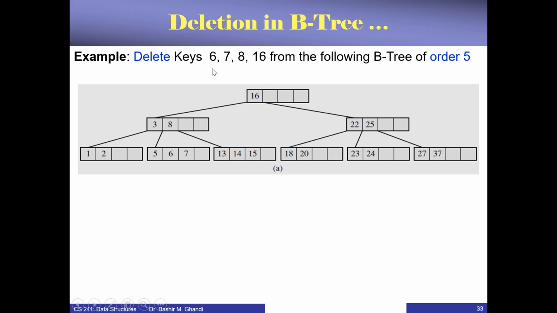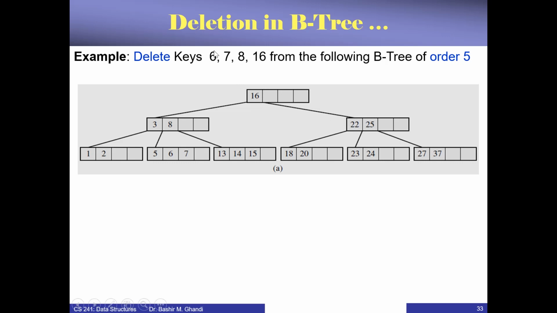We want to delete the keys 6, 7, 8, 16 in this order from this B-tree. What is the process? It will show you all the different cases where there is nothing to do, where we only need to do a rotation, and where we have to do a merge.